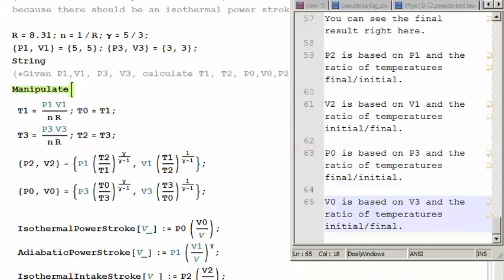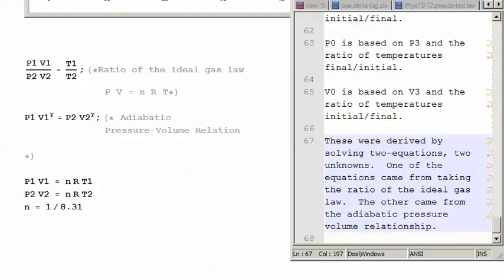You can see the final result right here. P2 is based on P1 and the ratio of temperatures, final to initial. V2 is based on V1 and the ratio of temperatures, initial to final. Likewise with P0 and V0. These were derived by solving two equations in two unknowns.